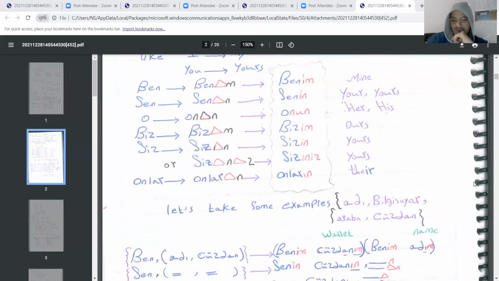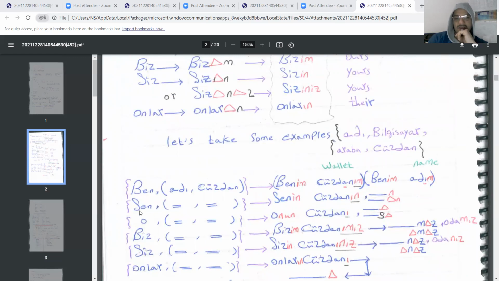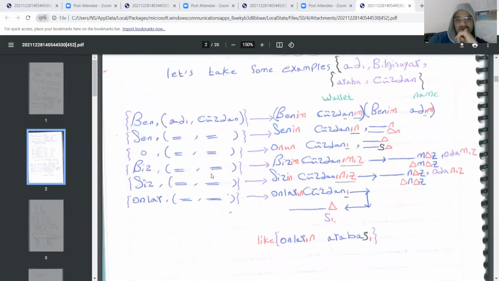Let's take some examples about adı, bilgisayar, araba, cüzdan, and many things like that. Here, how can we say benim cüzdanım, that's my wallet. How can I say that in Turkish language? I write it in this simple form.